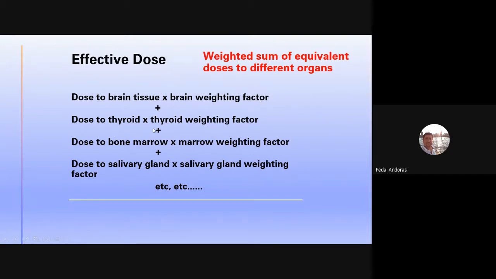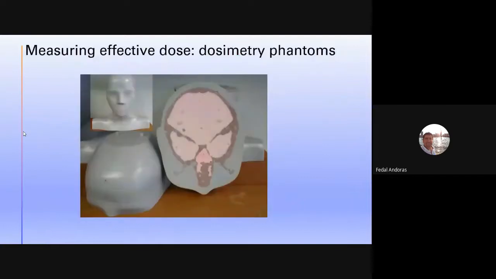Dose to thyroid multiplied by thyroid weighting factor. Dose to the bone marrow multiplied by marrow weighting factor, and so on. All of these summed give you the effective dose. Brain, thyroid, bone, salivary, and so on. And this is very important for measuring the dose to the patient.